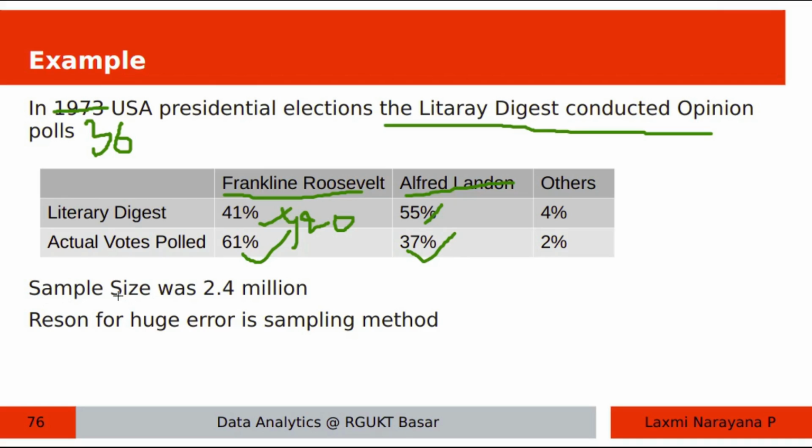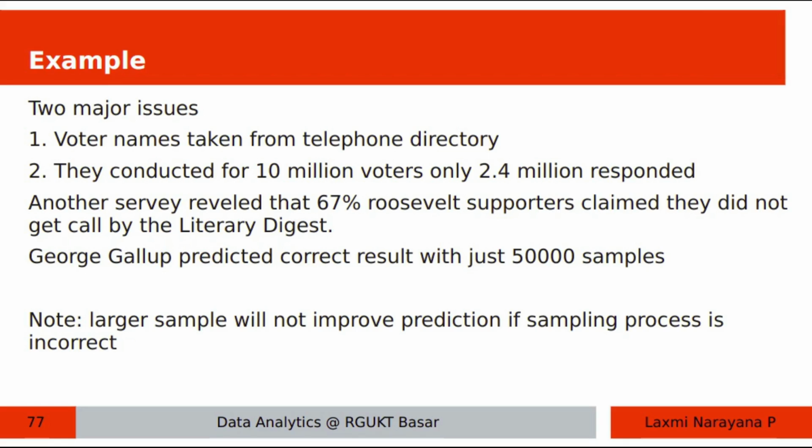They took a sample size of 2.4 million. The main reason for such a large error was the sampling method they used. There were two major issues with the sample. One is that the voter names were taken from the telephone directory.